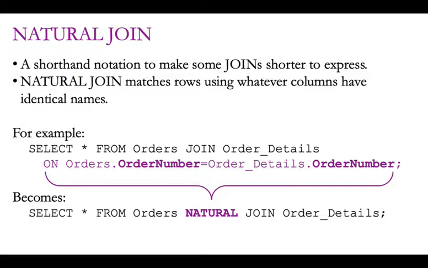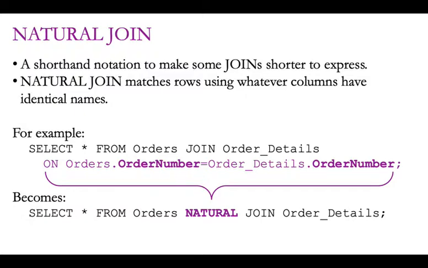And a lot of the examples you'll be working with, you have already worked with, like the recipes and sales orders and entertainers. The same column names will be used. So like orders has an order number column, and then order details has an order number column. To join those together, like if you want to cross-reference the order details with the more information that's in the orders table, you can just say select star from orders natural join order details.